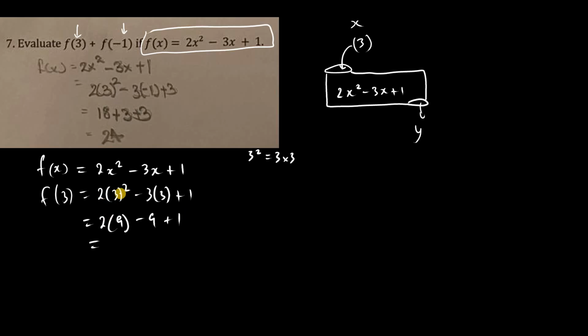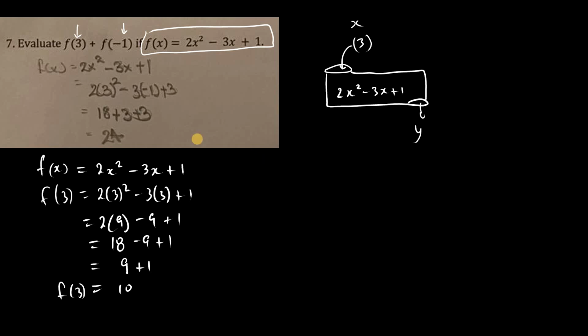Now, we're multiplying 2 by the square of 3. 2 times the square of 3, or 2 times 9, is actually 18. When we have minus and plus, go in the order that we see it. 18 minus 9 is 9. And 9 plus 1 is 10. So we evaluated f of 3. f of 3 is the same thing as saying 10.